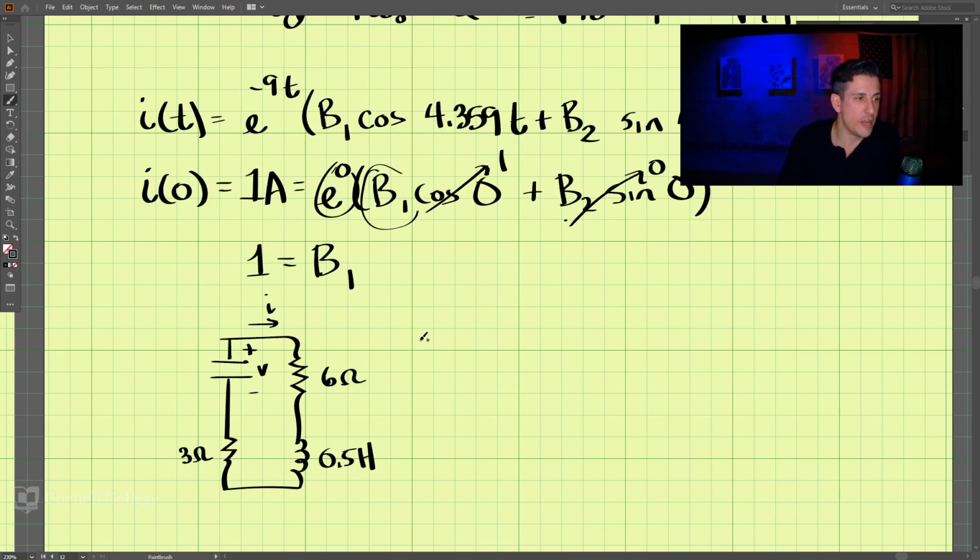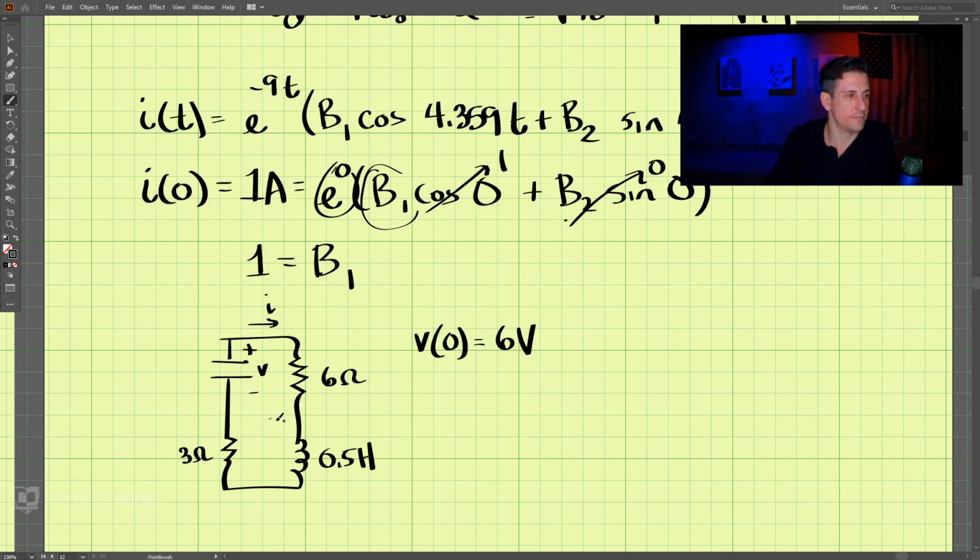All right. We know that the voltage at 0, this voltage across here, is equal to 6 volts. We found that earlier. So we can do our equation across here. We can do our KVL.